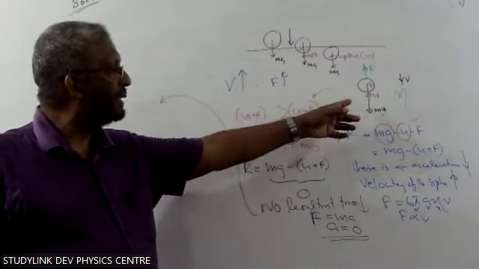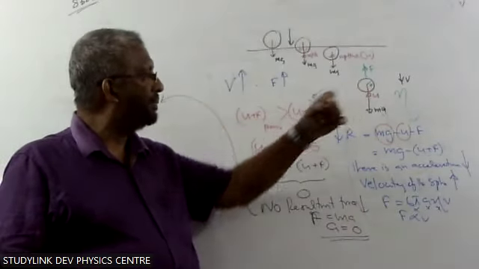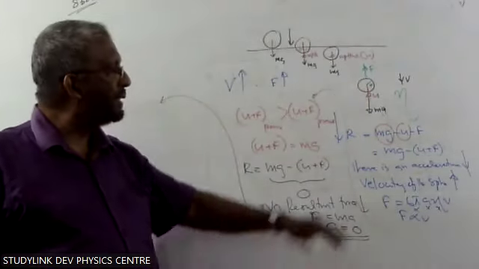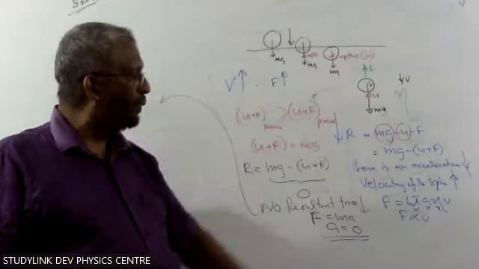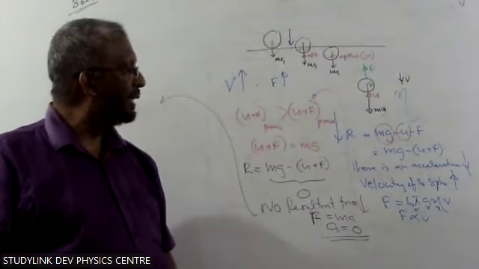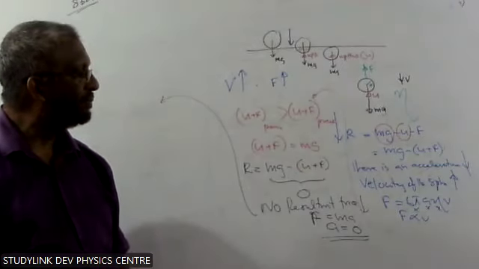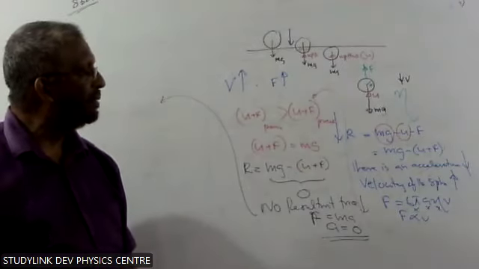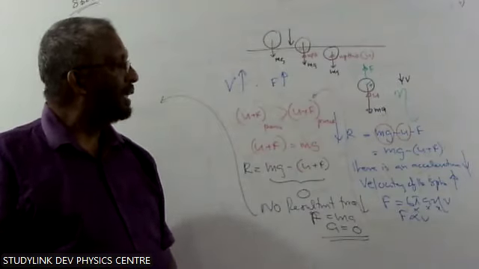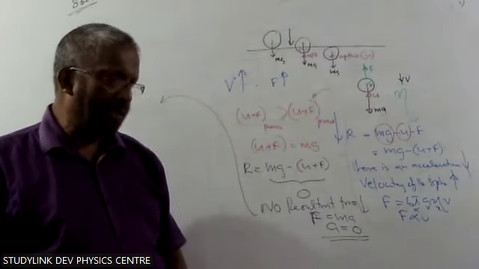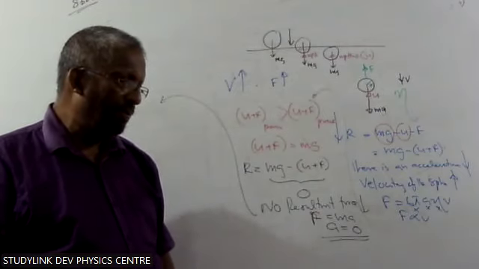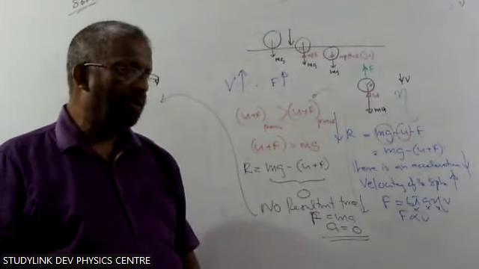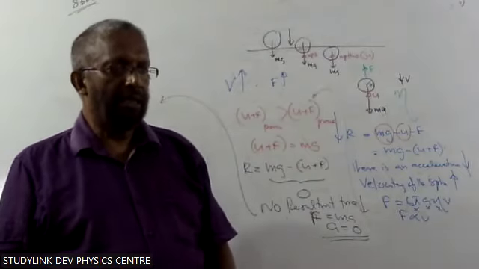After that, we can consider the fourth diagram. Since there is a resultant force vertically downwards, it gets an acceleration and the sphere is getting a velocity.